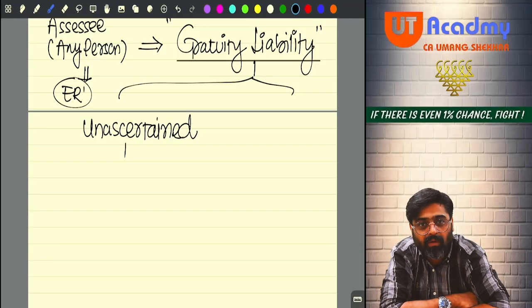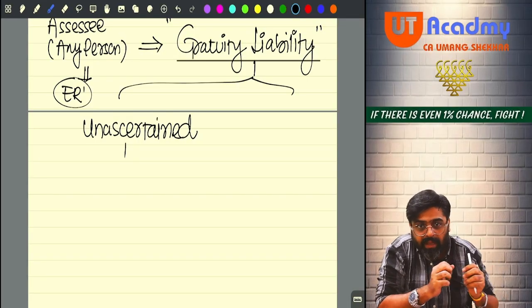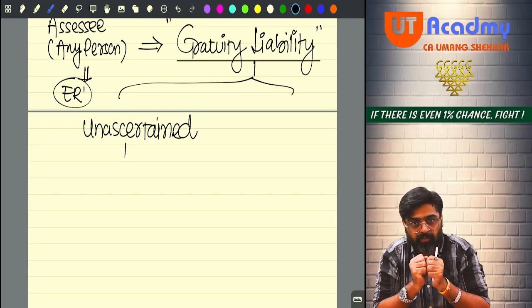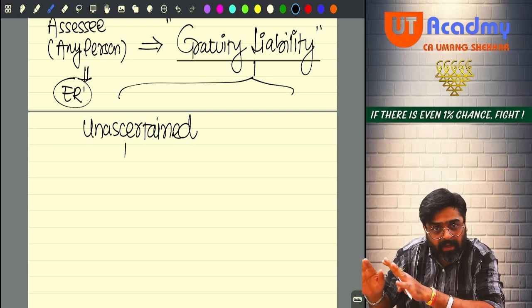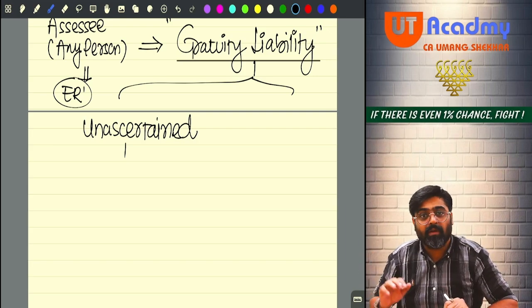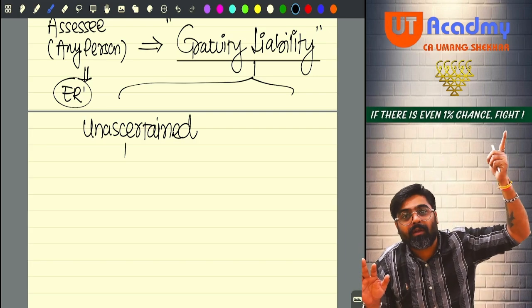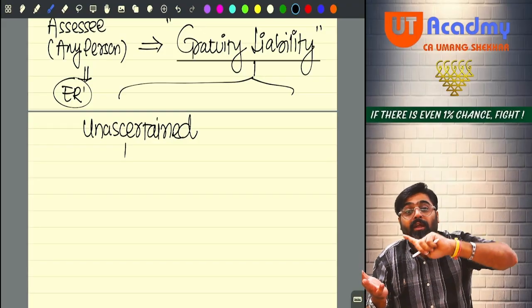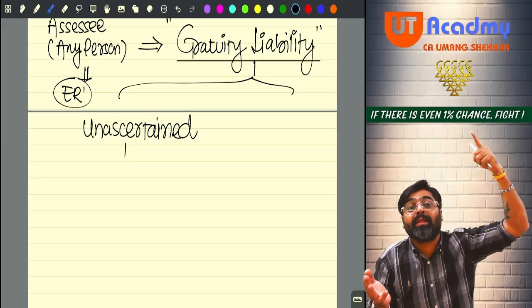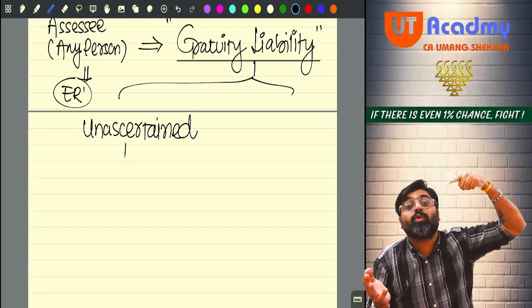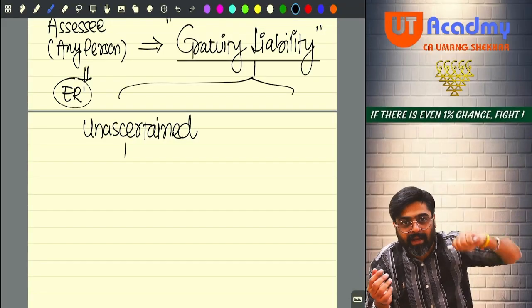Why? Because the money taken out from your current year's profits and put in the gratuity fund will be utilized later on to pay the gratuity to those employees who are retiring at that time.